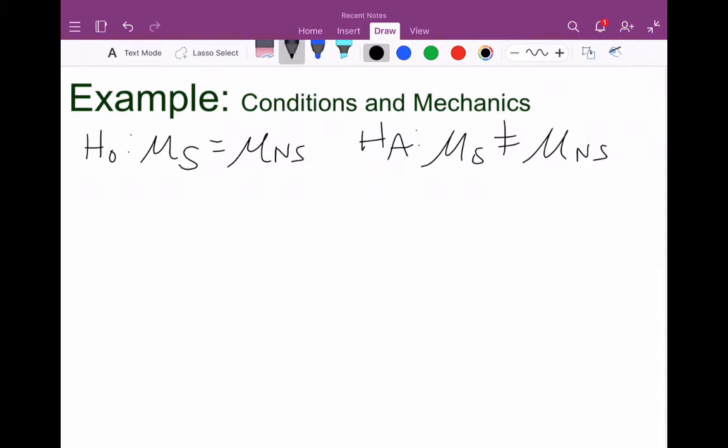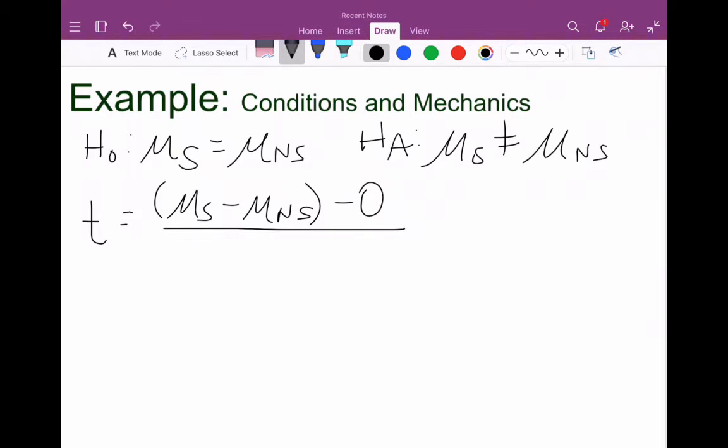So our t-score is going to be equal to the difference in the two means, so the mean for smokers minus the mean for non-smokers, minus my null hypothesis, which will always be 0 when you're comparing two means, divided by the standard error, which would be the standard deviation for smokers squared over the sample size of smokers, plus the standard deviation for non-smokers squared over the sample size of non-smokers.